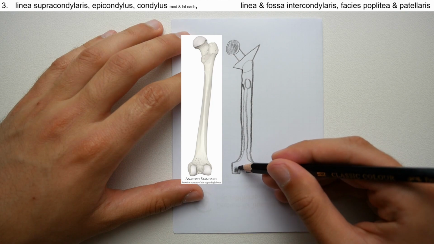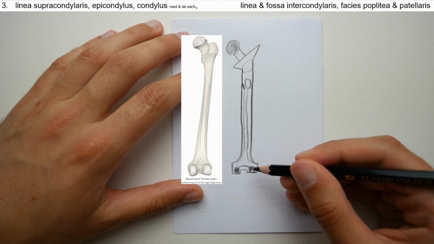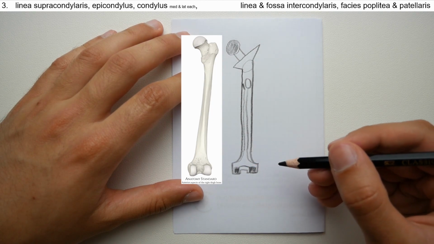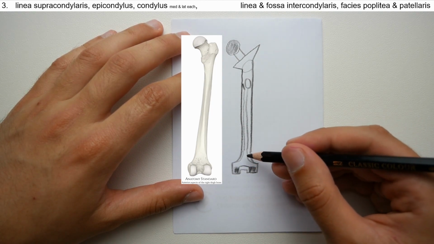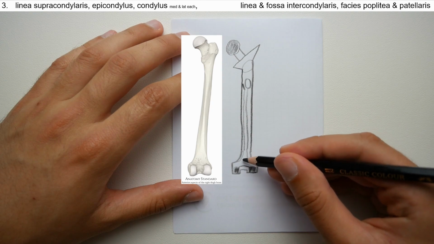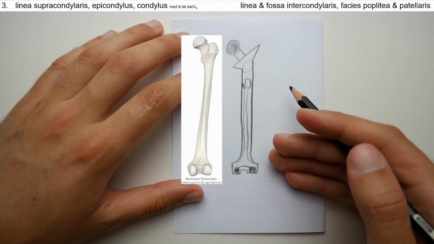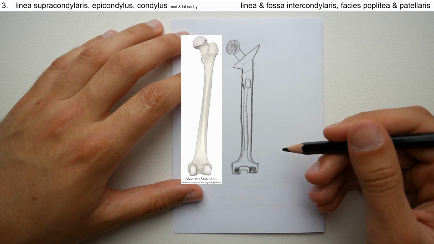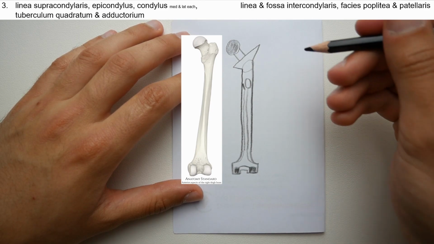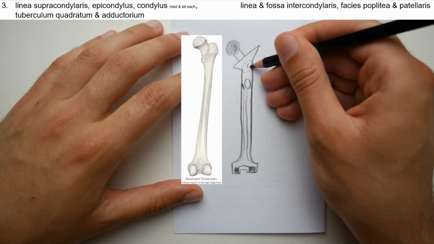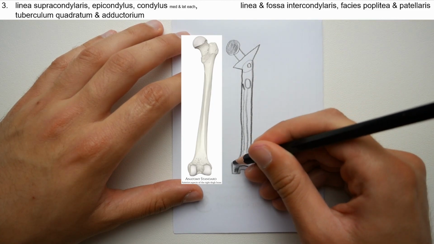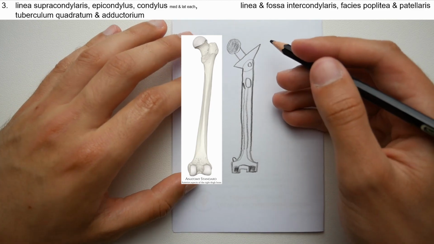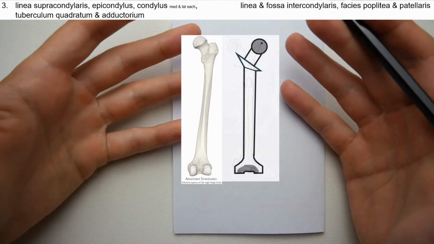Between the latter is a linea intercondylaris, which forms a fossa intercondylaris. Above the linea is the facies poplitea, and on the ventral side there is also the facies patellaris. Lastly, I draw the tuberculum quadratum and adductorium. From the ventral side, a drawn femur would look like this.